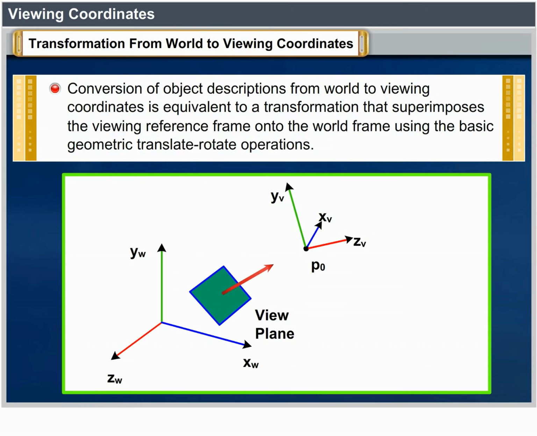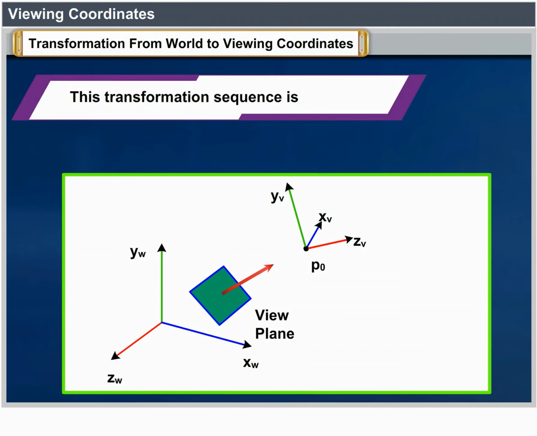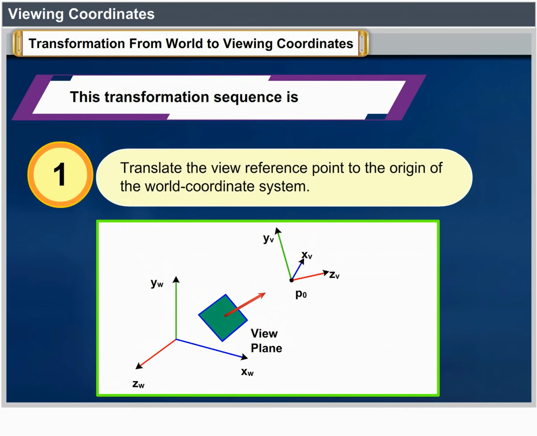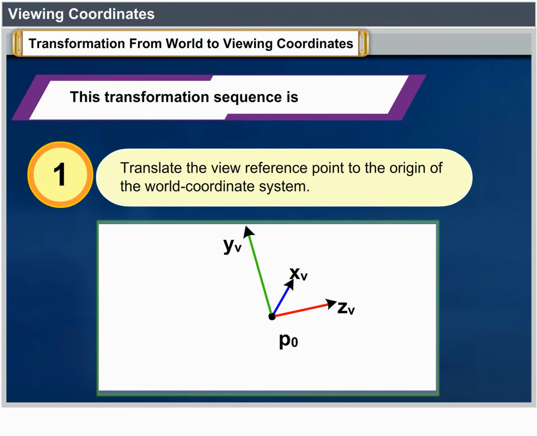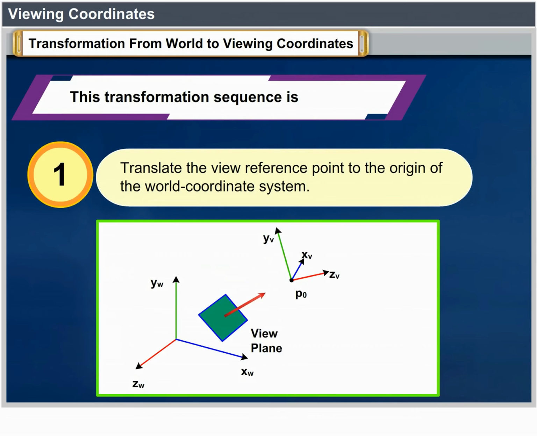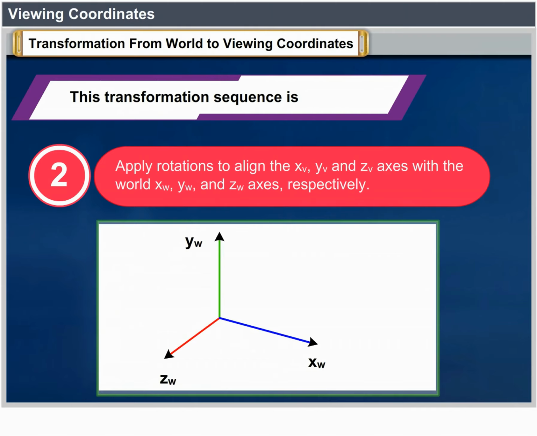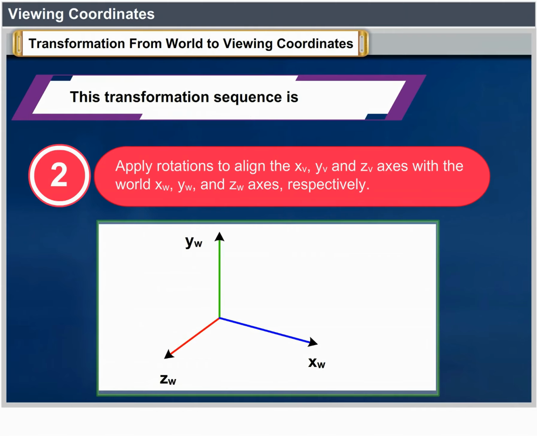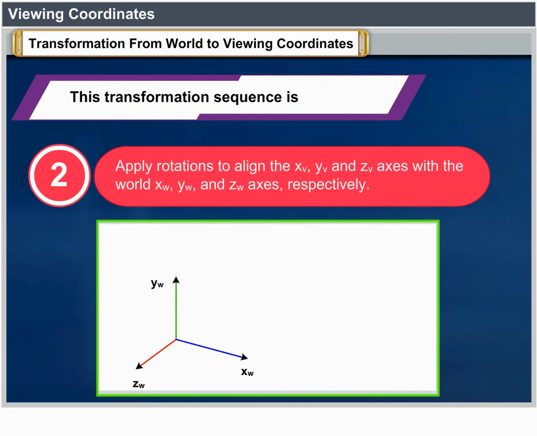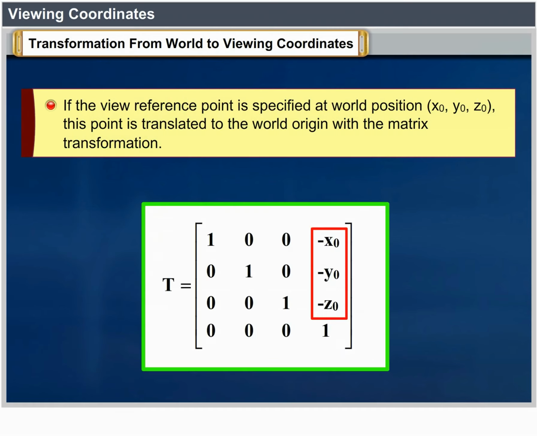This transformation sequence is: translate the view reference point to the origin of the world coordinate system, apply rotations to align the XV, YV, and ZV axes with the world XW, YW, and ZW axes respectively. If the view reference point is specified at world position X0, Y0, Z0, this point is translated to the world origin with the matrix transformation as shown.